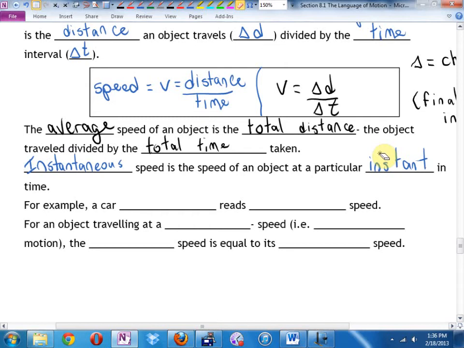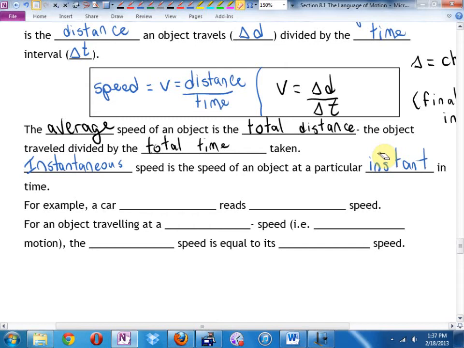Instantaneous speed is usually pretty tough to get if you have a changing speed. And so what we deal with mostly in Physics 11 is what we call uniform motion. And uniform motion says either your speed isn't changing at all, call it a constant speed, or you're accelerating perfectly smoothly so that we can predict where you'll be at any one time.